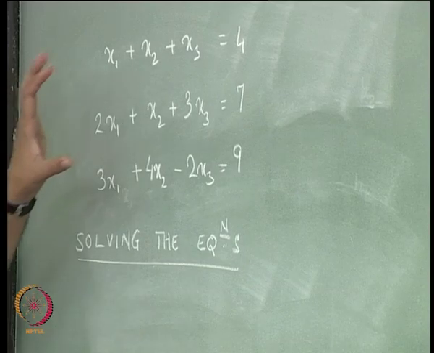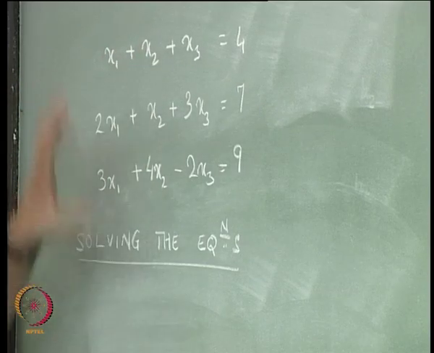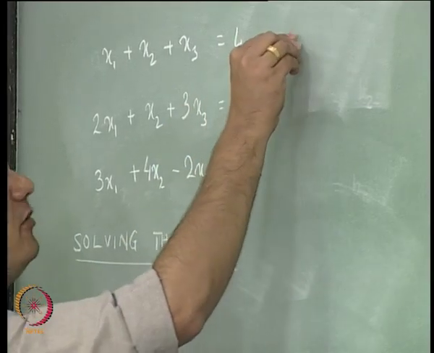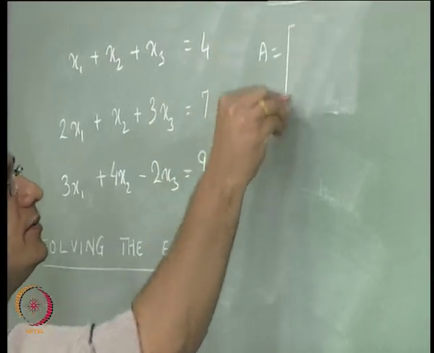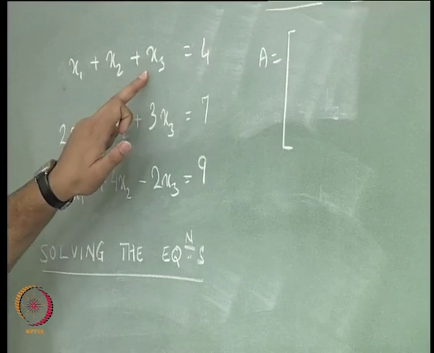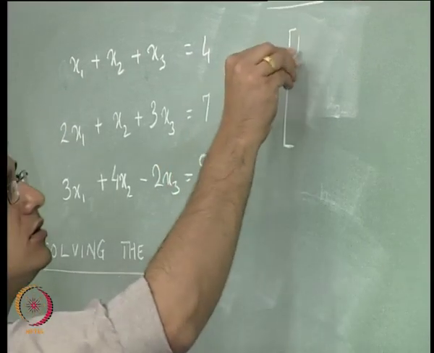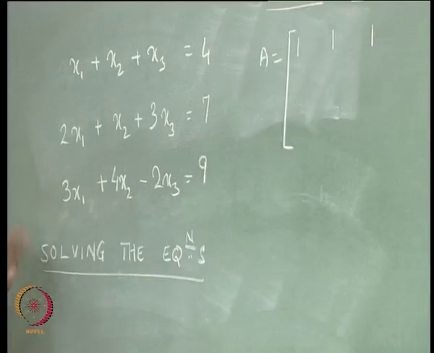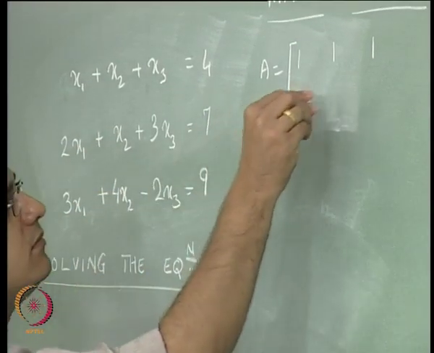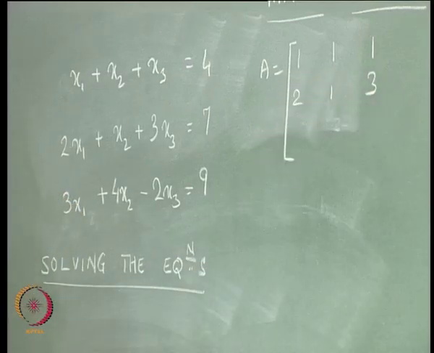Okay. So let us talk about the matrix notation for these particular equations. We are going to write it in the form Ax equal to B. The matrix A is going to be 1, 1, 1 in the first row. In the second row we will have 2, 1, 3, and in the third row we will have 3, 4, minus 2.